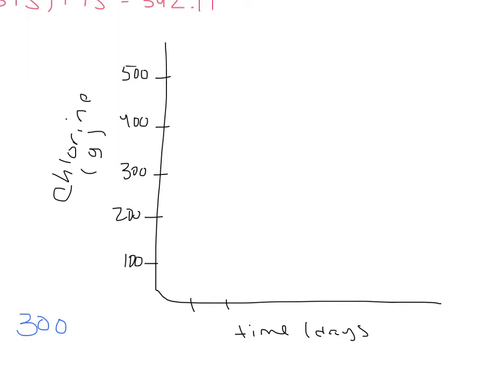You can count these by 1. And we're just going to do a rough sketch here. Now, we should have, like we talked about, never crossing 300. So the way we draw in our long-term value is we can draw a dotted line there so we know we never cross it.